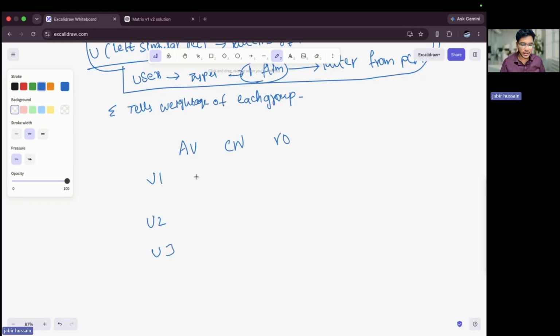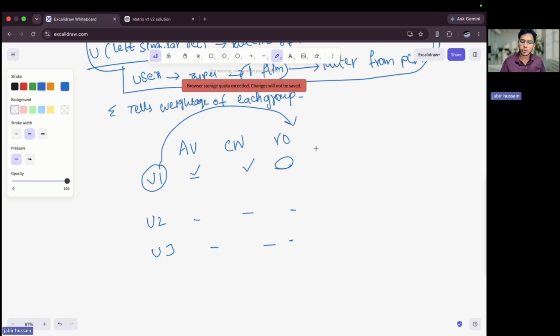User 1 has seen Avengers and Christopher Nolan movies, but has not seen romantic movies. Other users also have ratings. Now you will decide from your recommendation system whether he will like romantic movies or not, and if he does, you will show the romantic movie recommendation, or else you will not.